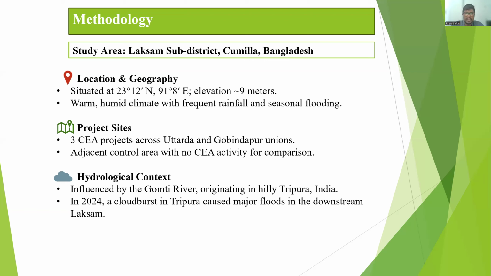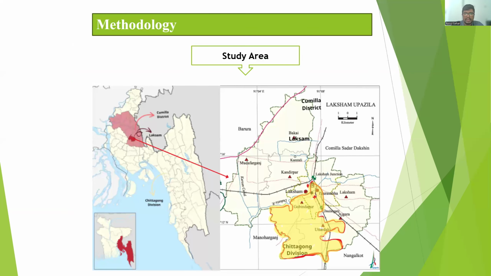We worked with BARD, the Bangladesh Academy of Rural Development, and with their secondary data we tried to understand how this works with our conceptual framework. This is a visual of where we conducted our study.